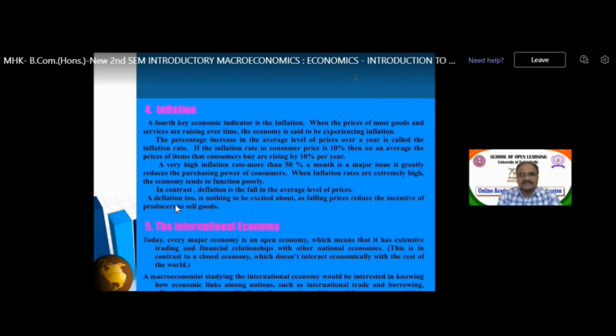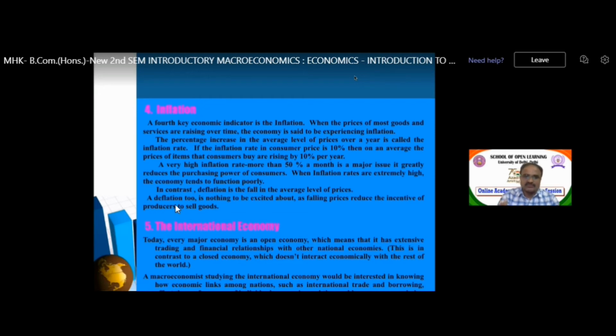Next, another important issue is the international economy. Today every major economy is an open economy. An open economy is an economy that is open, where everyone can purchase, export, and import. That means it has extensive trading and financial relations with other nations.